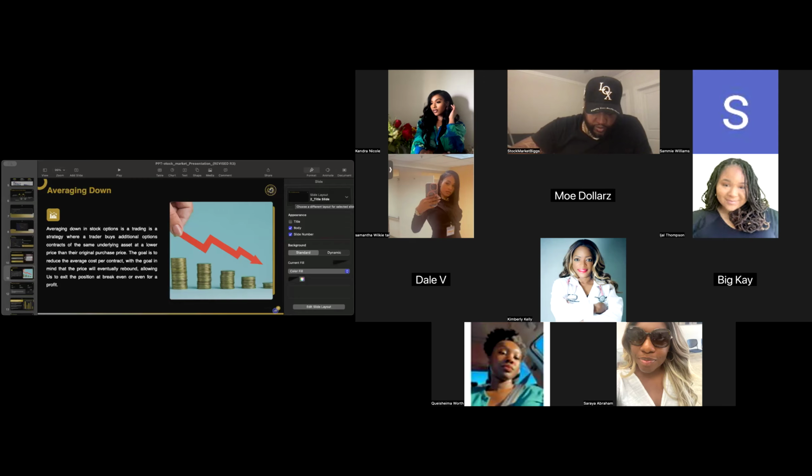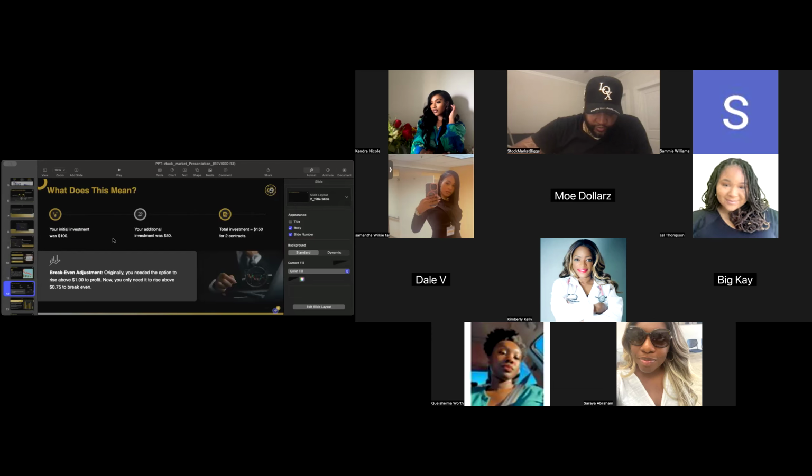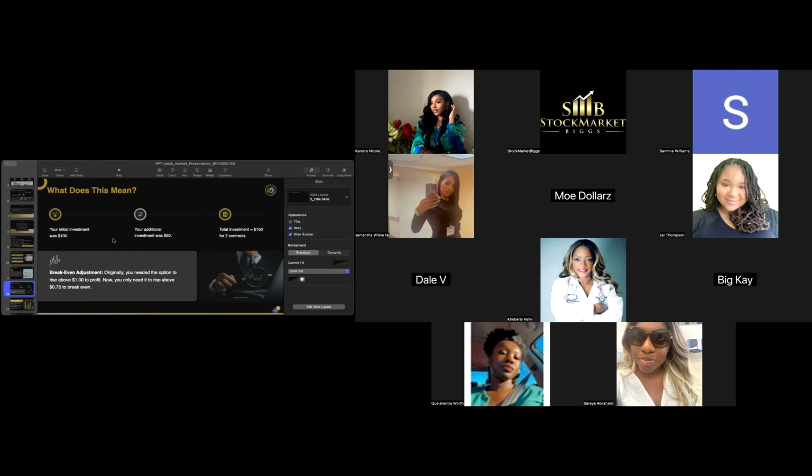So let's say I signal IWM relatively early and I purchase an IWM contract for $1, or $100. And we pull back. It's not necessarily going exactly where I want it to go yet, and it goes from that $1 to 50 cents, or $50. Especially when I'm looking at the chart, and I'm going to show you guys an example of this too, I still see things going my way.